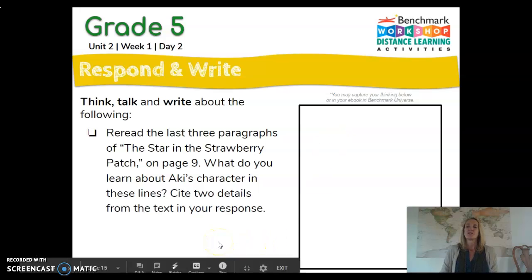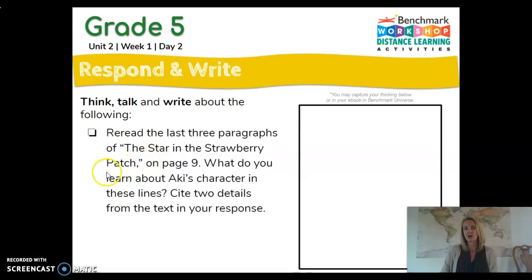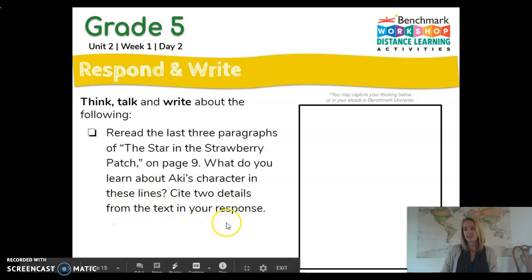When you've finished reading, we're going to reread the last 3 paragraphs of The Star in the Strawberry Patch on page 9. What do you learn about Aki's character in these lines? Cite 2 details from the text in your response.